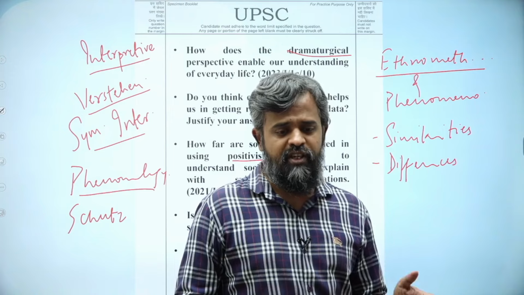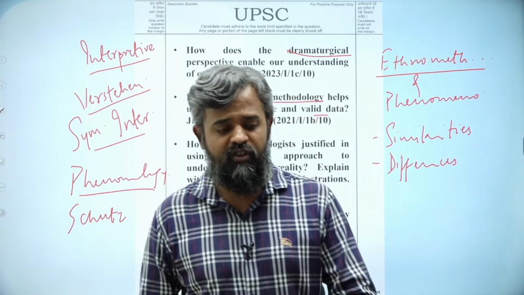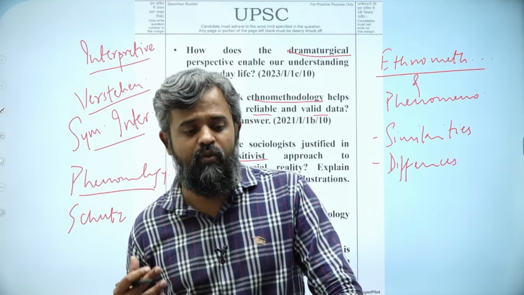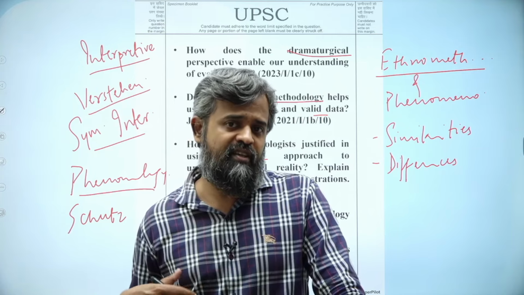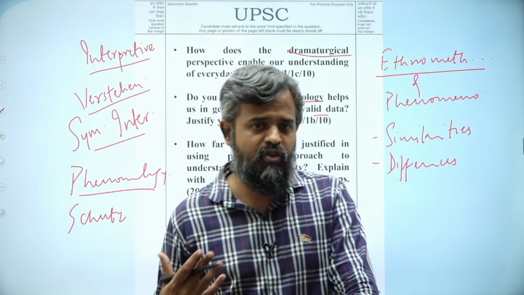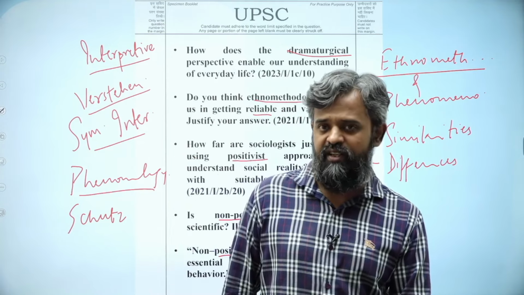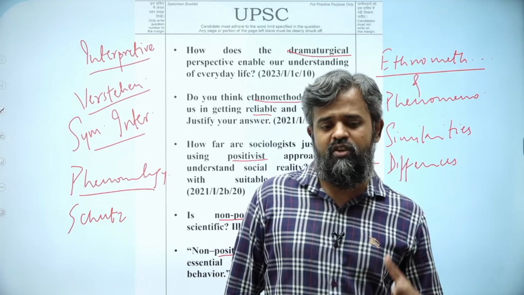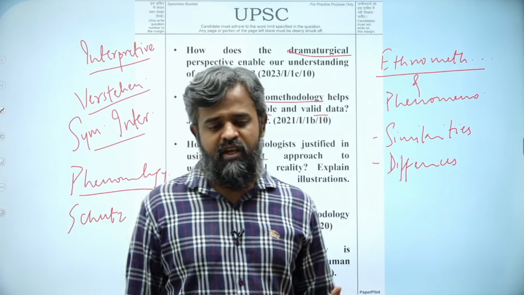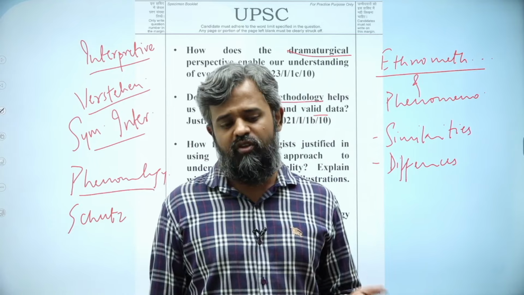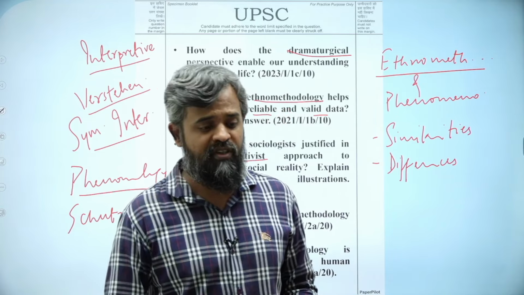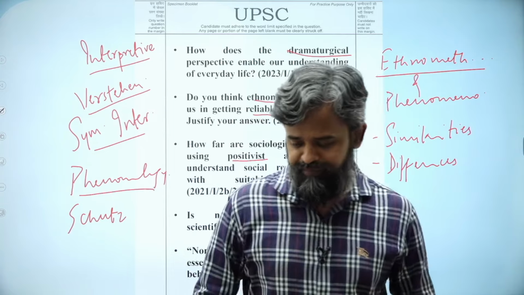Phenomenology has a wider canvas compared to ethnomethodology. Phenomenology works with bracketing and reduction, whereas ethnomethodology looks at members' methods that go into performing everyday tasks. Phenomenology does not altogether deny the existence of social structure and social order, whereas ethnomethodology does. It actually declares social order a convenient fiction.